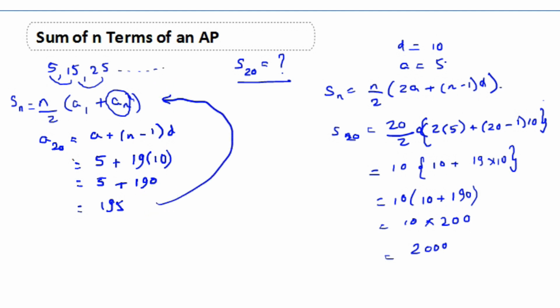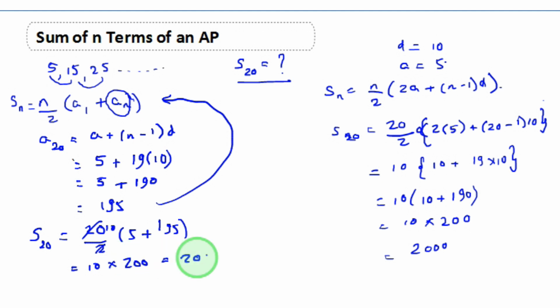And once we find that, we can put this value back into this formula and find the sum of 20 terms, where S of 20 should be equal to 20 over 2 times (the first term, which is 5, plus the 20th term, which we found out was 195). 20 over 2 is 10, so it becomes 10 times (5 plus 195, which is 200), and that gives us 2000.